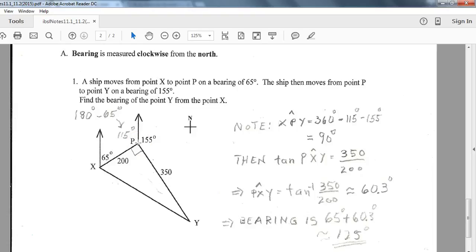Then it says from point P, we're on a bearing of 155 to point Y. And so again, anytime you see the bearing statement, from where you're at, you would draw a vertical line because we're doing this in relationship to the direction of north. And so I got to draw a northern ray that you see here. And I'm going to say, okay, from that northern line, if I can approximate as much as I can 155 degrees, right?